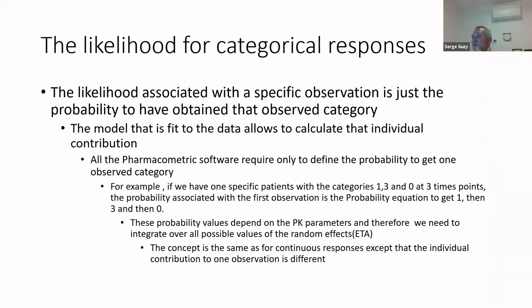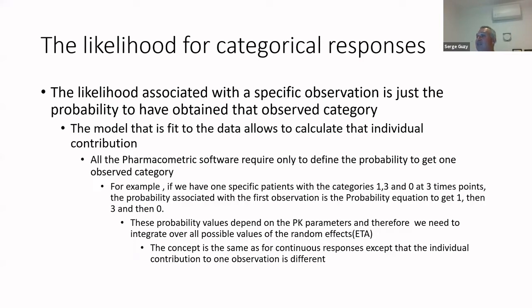Then the program is doing something very complicated, which is integration of the likelihood, and I don't want to go too much into that. What you need to know is just to write the likelihood associated with a specific observation, because that's what you will need to write when you use R and LME for categorical response.